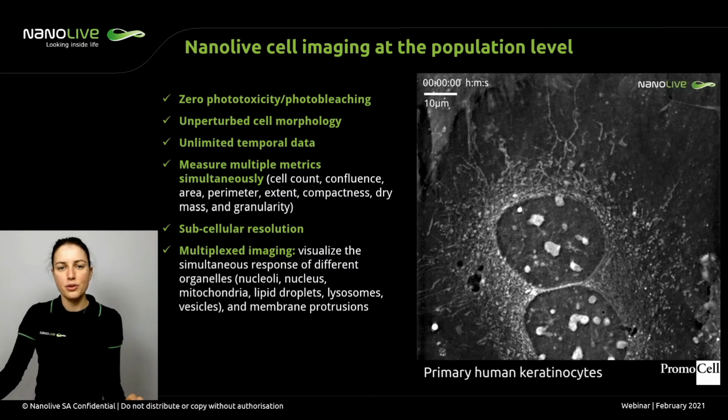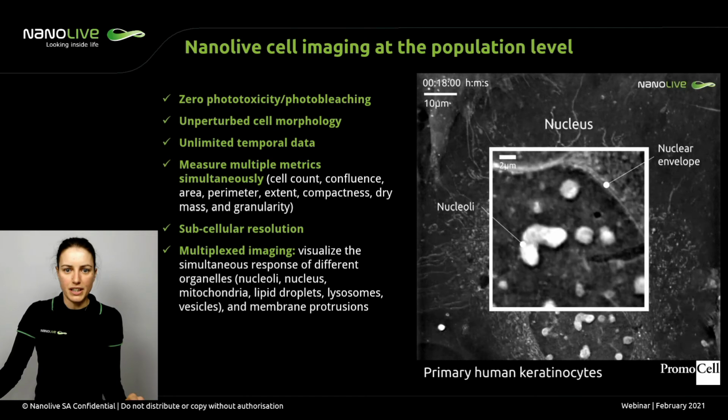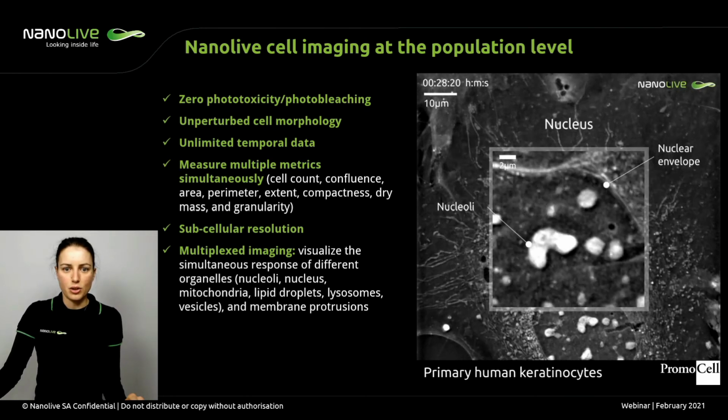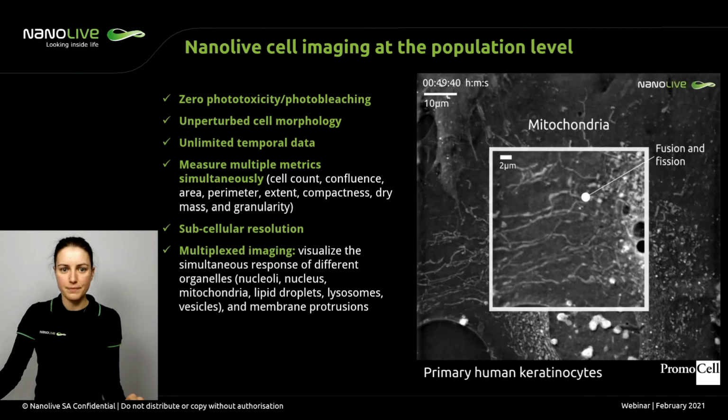And because different organelles have different refractive indexes, we can visualize the simultaneous response and interactions of organelles with subcellular resolution. Multiplexed imaging offers a unique opportunity to study dynamic changes in the nucleus, in the mitochondria, particularly fission and fusion events in the mitochondria.